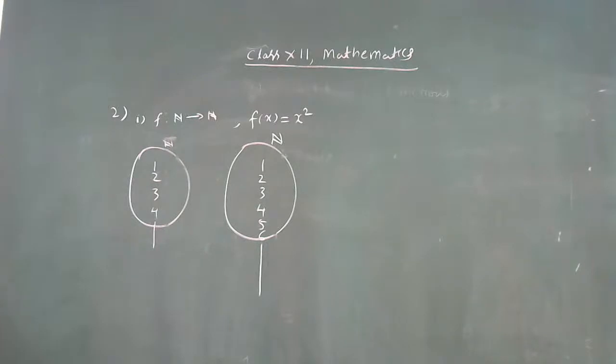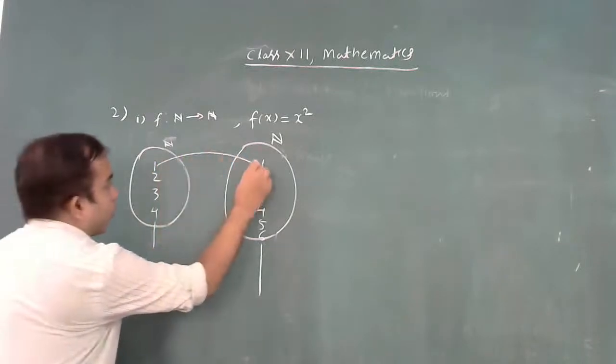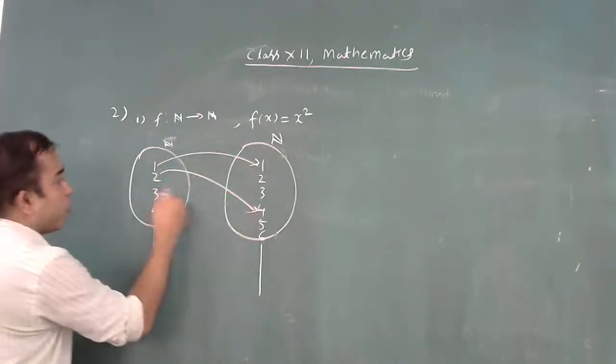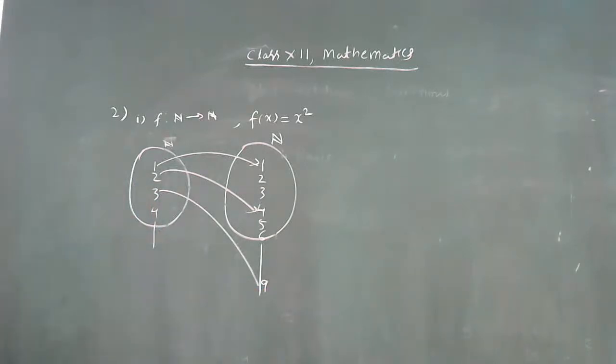Okay, let me assign the images. Fx equal to x square, right? So 1 will go to 1, 2 will go to 4, 3 will go to 9, and 4 will go to 16, and etc. Tell the answer, everyone, if you understood what should be its result.